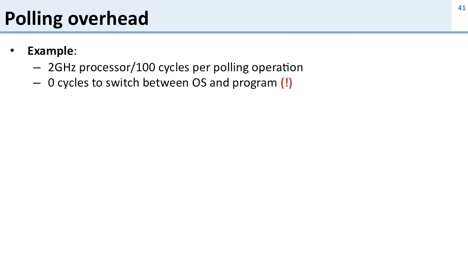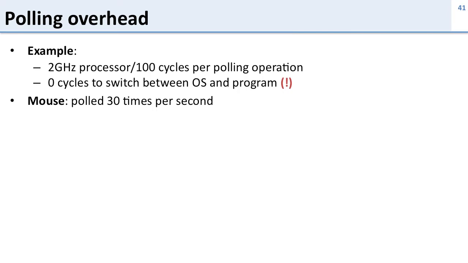Let's take a look at some of the overheads we can expect from polling. Here we have a 2 GHz processor, and we're going to assume it takes 100 cycles per polling operation. We're also going to assume that switching between the operating system and the program is free, so it takes 0 cycles to switch to the operating system to check. Let's see how much processor time we have to spend to watch the mouse.